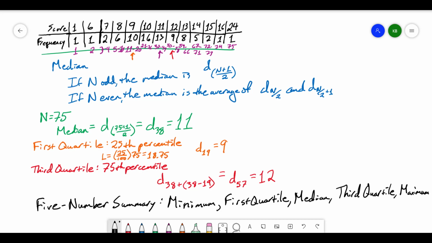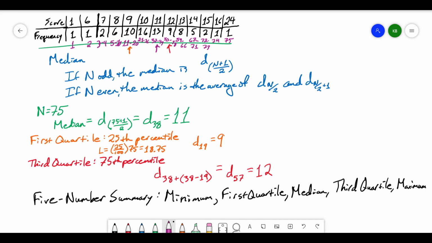And when we do this, we are giving a picture of what this data set looks like. So in this case, my minimum score is 1. My first quartile, I found the score was 9. The median was 11. The third quartile was 12. And the maximum score is 24.